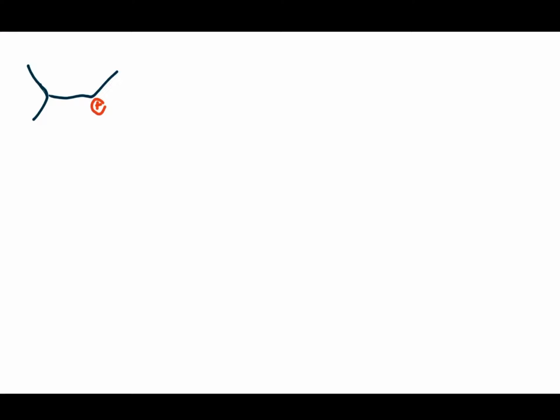Okay, so now we have a carbocation and water in our solution. But how does the water bond on the left side as opposed to the right? What we have here is a hydride shift, where a hydrogen moves over to stabilize the charge on an even more substituted carbocation.